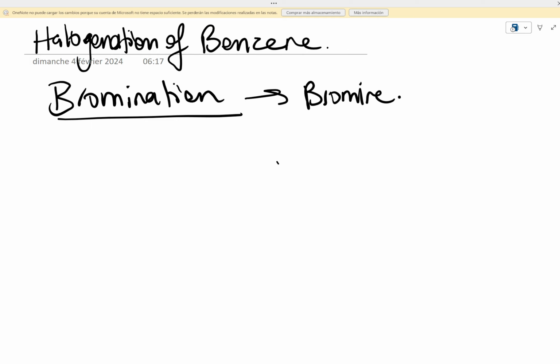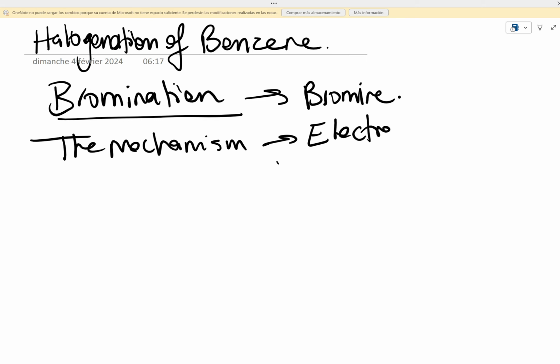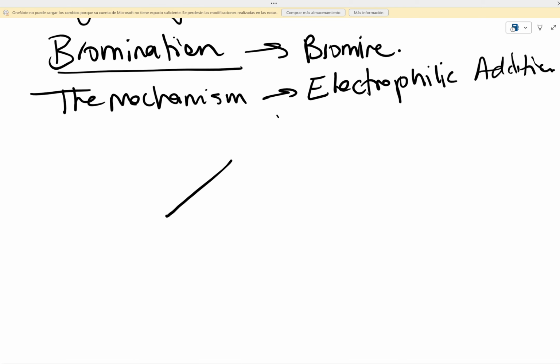Now the mechanism specifically would be an electrophilic addition. After all, benzene is an unsaturated compound, right?